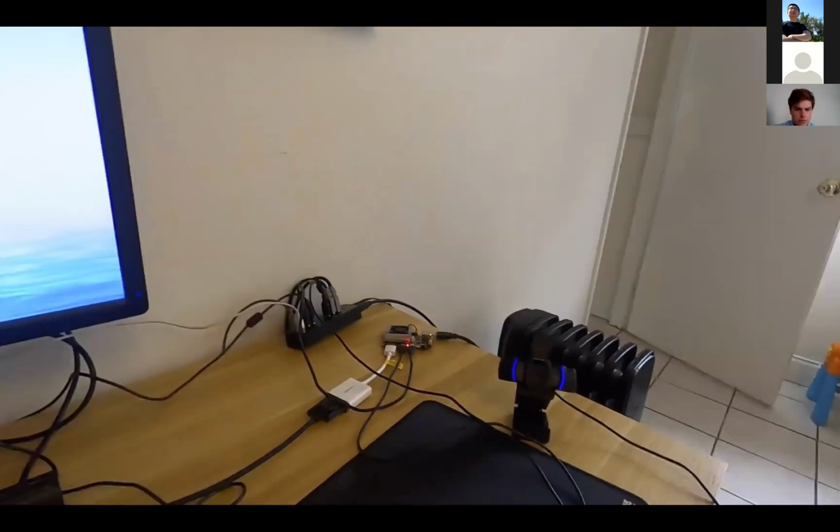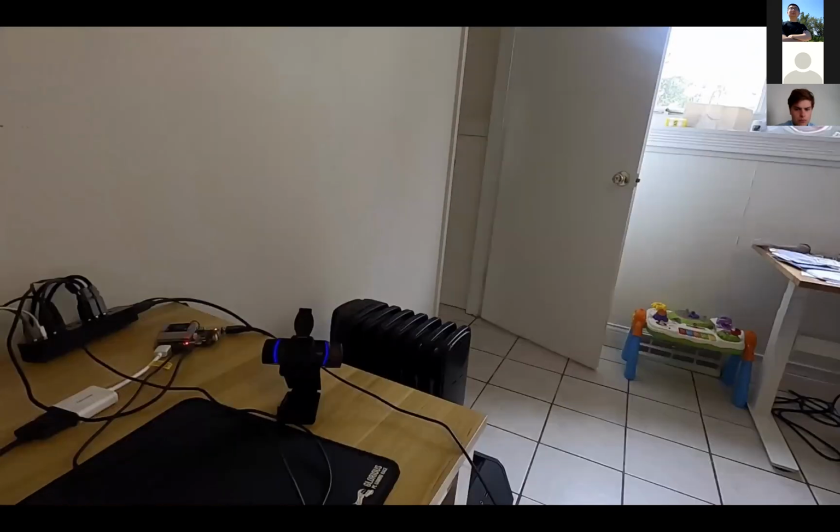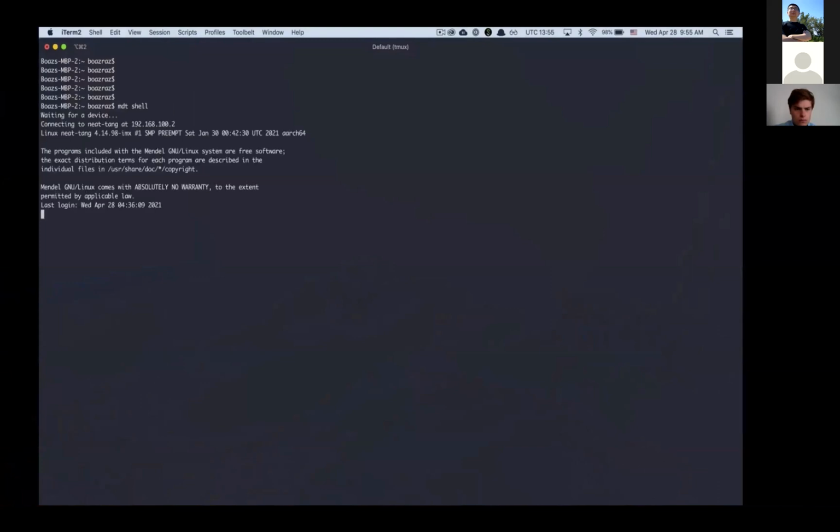Some challenges I had: the first few weeks were just to get familiar with the TPU, install the operating system, play with it, do some testing. That was the first 2 weeks. Here I'm SSHing to the device.